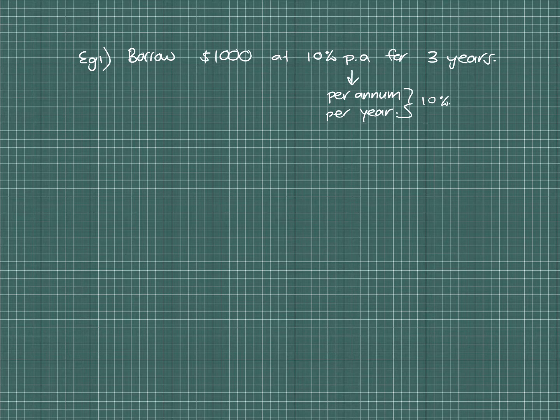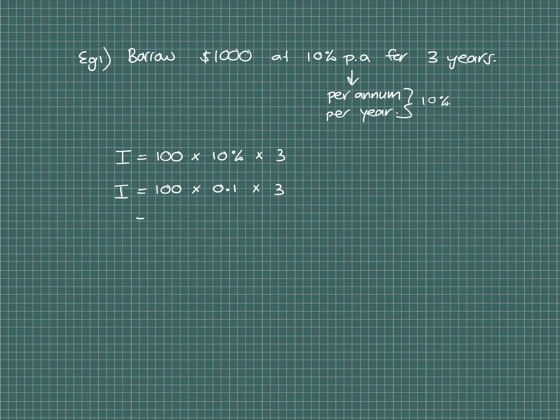So first of all, we want to work out what our interest is equal to. Interest equals the principal amount times the interest rate, which is the 10%, times the number of years. Now you know that I like to use a decimal, so I'm going to put 0.1 times 3. But of course you can use a percentage, or you can use a fraction, 10 over 100 or 1 over 10.